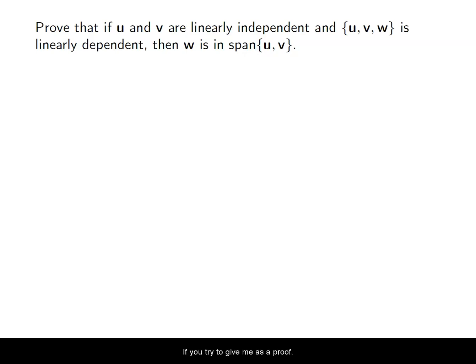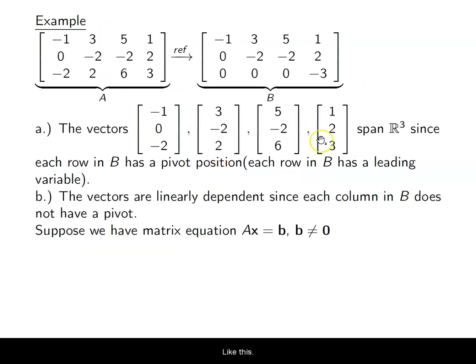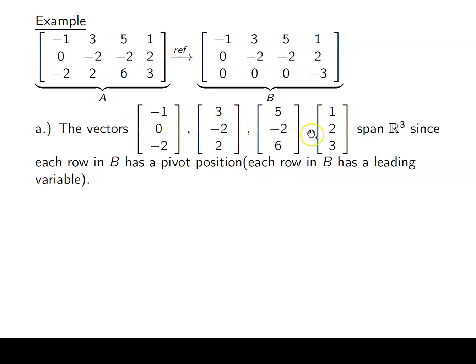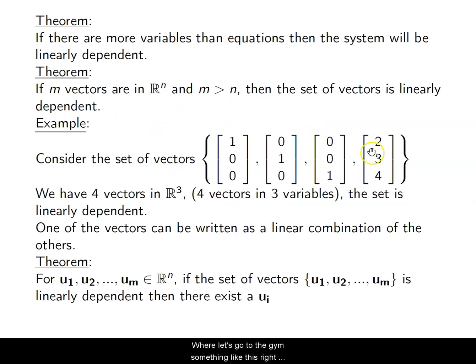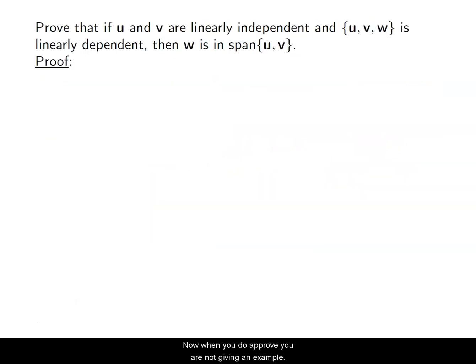If you try to give me as a proof something like this, where these are linearly independent, but all together they're linearly dependent, and then show me that I can write this as a combination of these, you're showing me an example of this proof that we're trying to do.